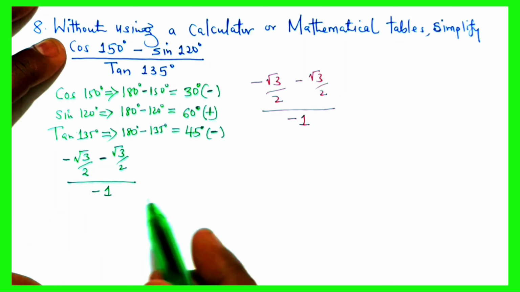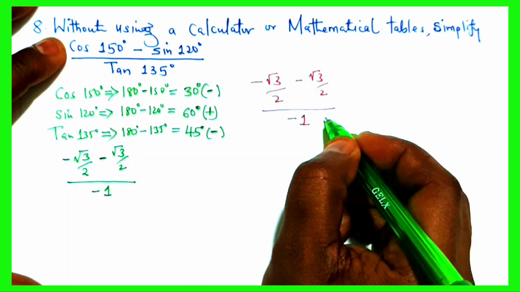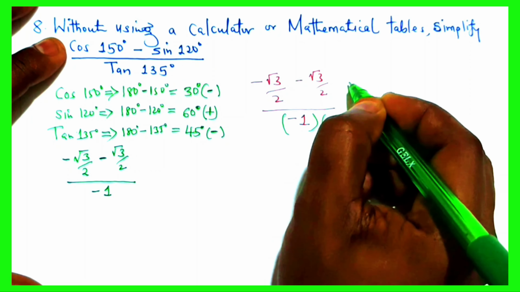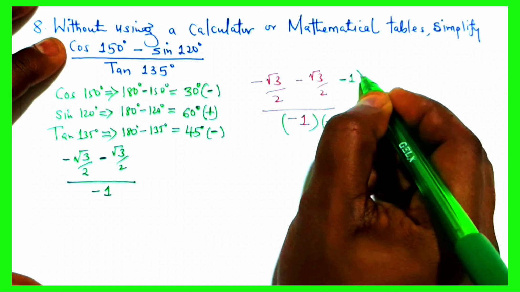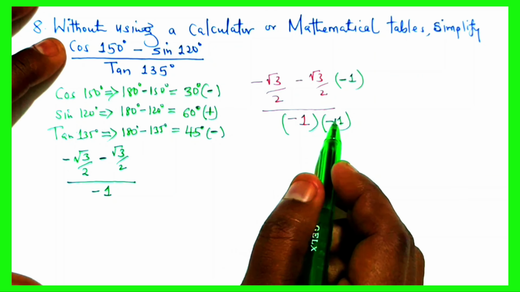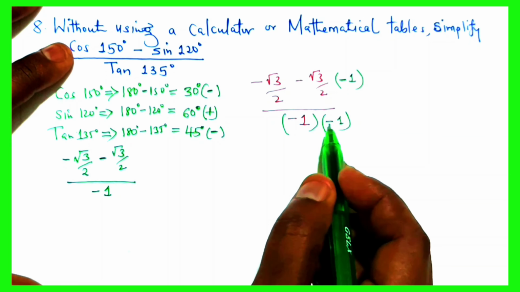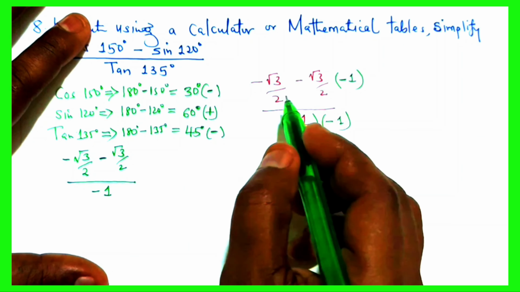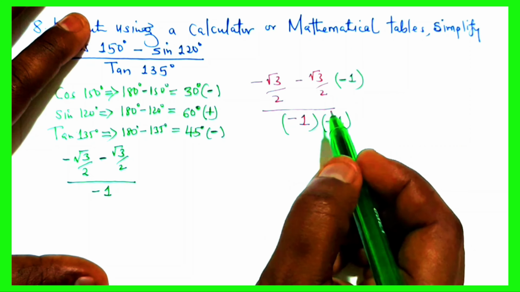I can begin by first of all multiplying the denominator and the numerator by negative 1 so that I get rid of the negative sign on the denominator. In other words, I'll end up having 1 which cancels the denominator. So I'm left with the numerator to work with.